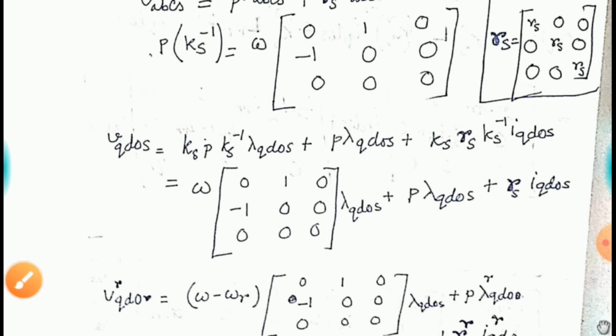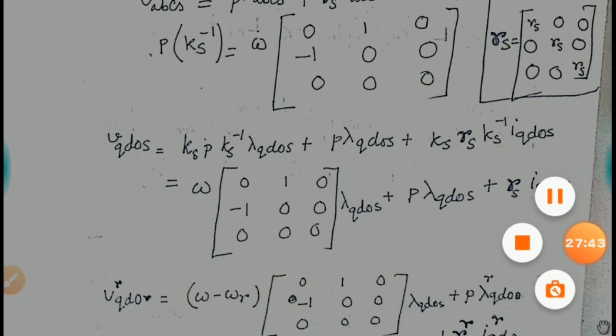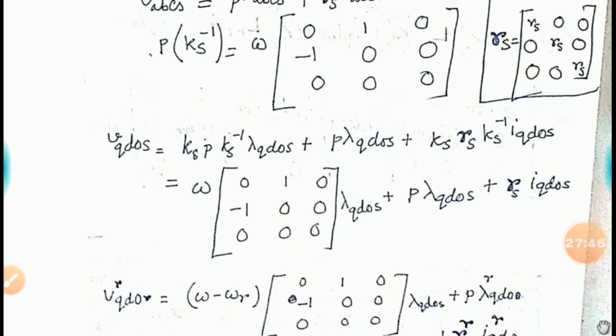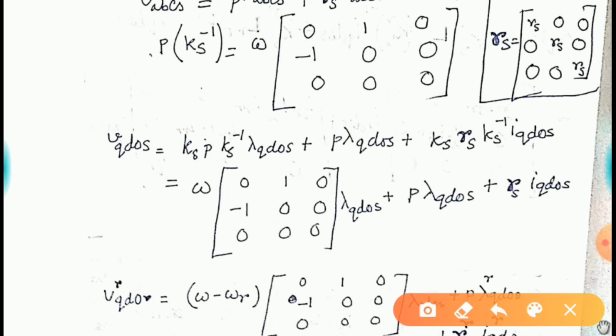So what is the speed of your stationary frame? That was 0, right? Stationary frame speed was 0, and reference frame speed is omega. So basically this speed EMF would be written like omega minus 0.